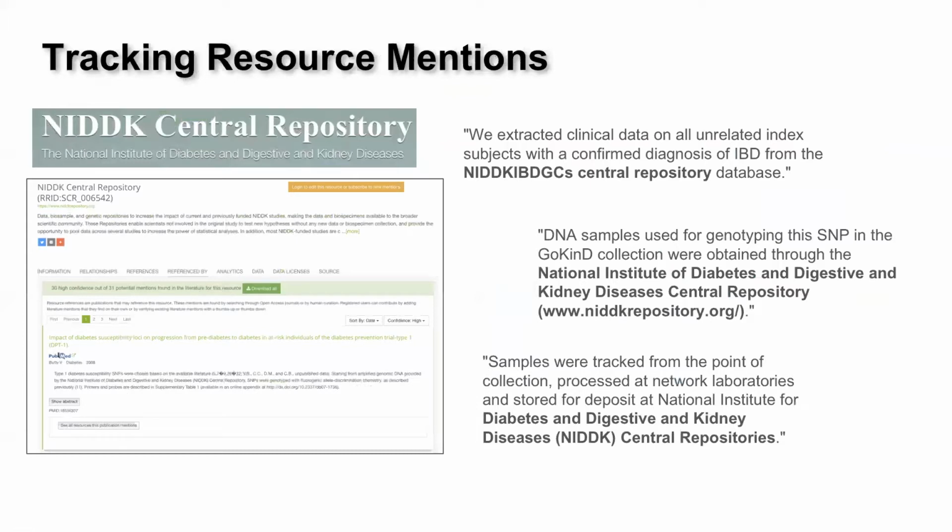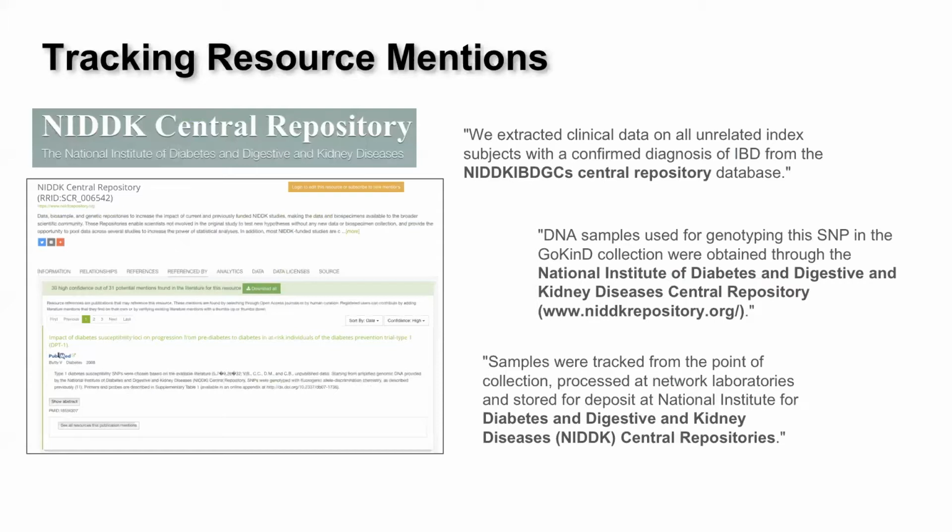Another benefit of tracking these resource mentions is it makes it very easy. Again, the information about resources is buried in the full text, so it's difficult to collate a lot of that information in terms of how people are describing a resource, what are their comments about a resource.